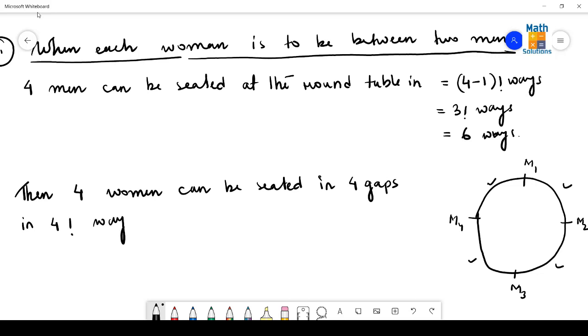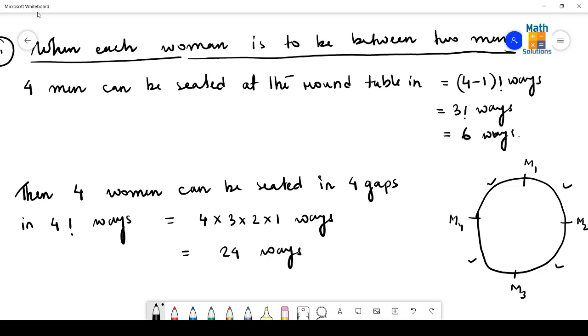Why so? Because the positions of the men are already fixed. So with respect to their positions, these 4 women can be arranged in 4 factorial ways. So that will result into 4 into 3 into 2 into 1 ways, that will be equal to 24 ways.